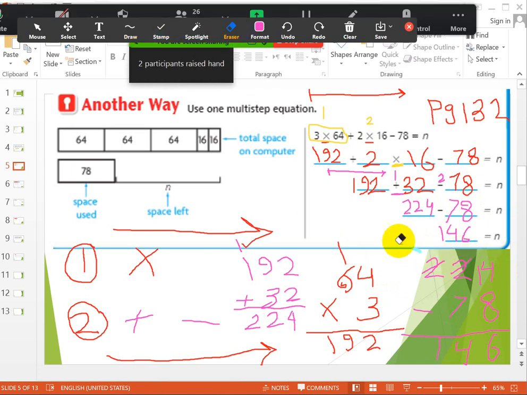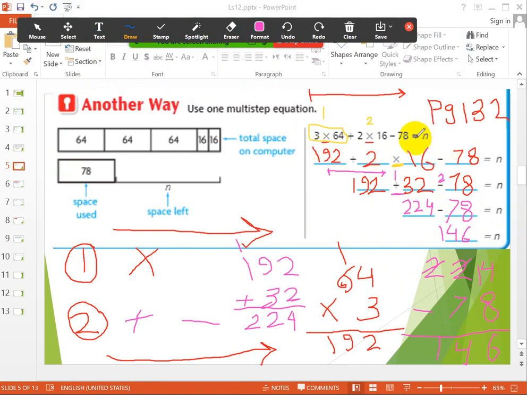I will repeat, girls. If you have any question, type it in the chat. You have an order of any operation. So when I have here an expression, and as this n equals this expression, 3 multiply 64 plus 2 multiply 16 minus 78.